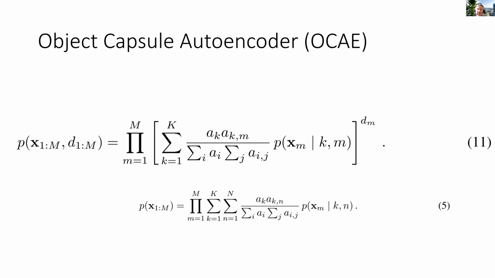First, we feed part capsule presence probabilities DM into this capsule. These are used to bias the set transformer's attention mechanism, not to take absent points into account. Secondly, DMs are also used to weigh the part capsule's log likelihood so that we do not take the log likelihood of absent points into account. This is implemented by raising the likelihood of the mth part capsule to the power of DM.